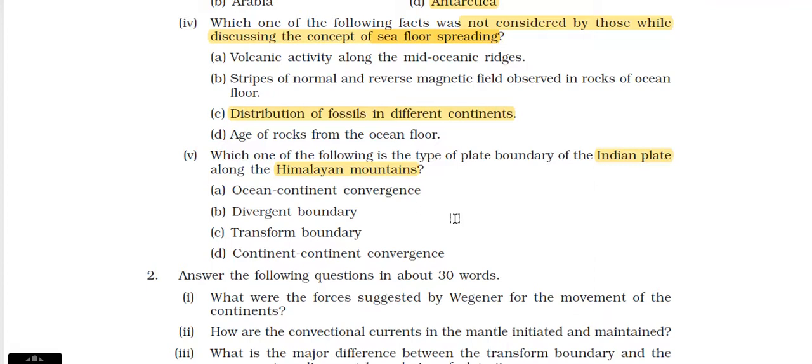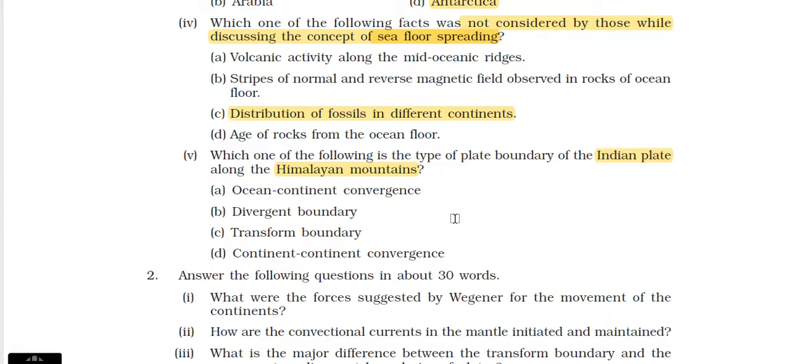So first of all, we should know that the Indian plate and the Himalayan mountains collided with the Eurasian plate. And I have already told you that it is a convergent boundary. It is not a divergent boundary. So options B and C are eliminated, means divergent boundary and transform will not be the correct answer.